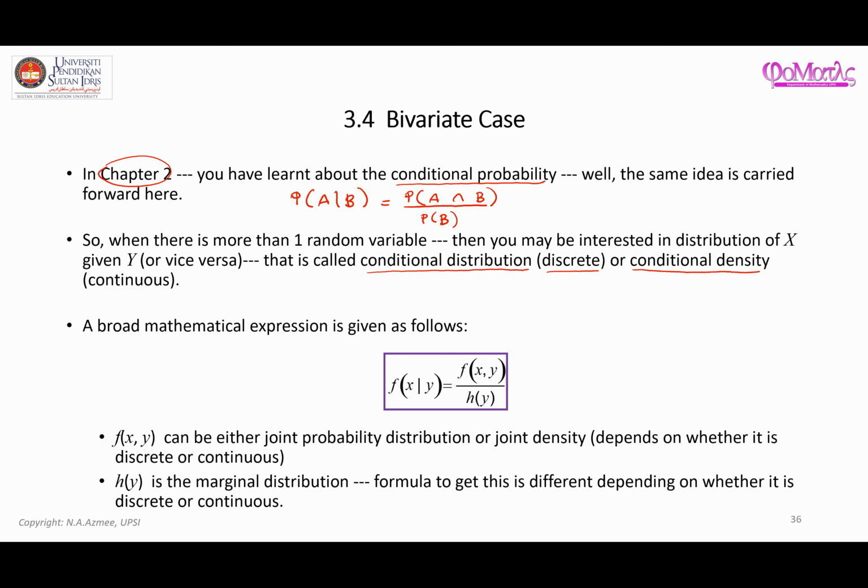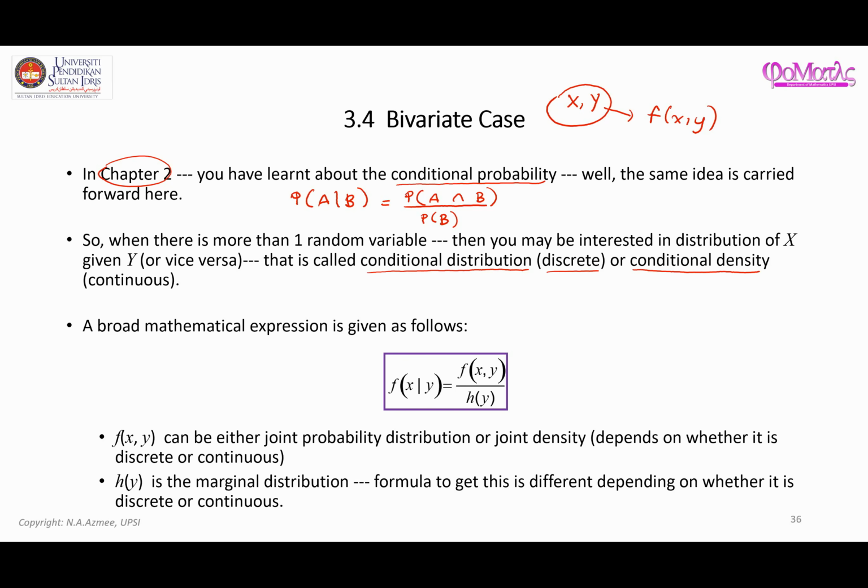It is natural that if you have two random variables, let's say x and y, in order to describe them together, we can use the mathematical notation here. This f of x, y can represent either the joint probability mass function or the joint probability density, depending on whether x and y are discrete or continuous.